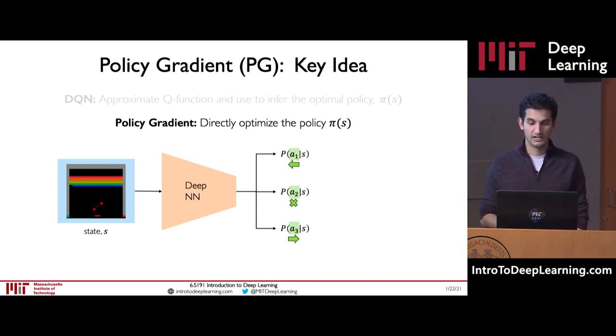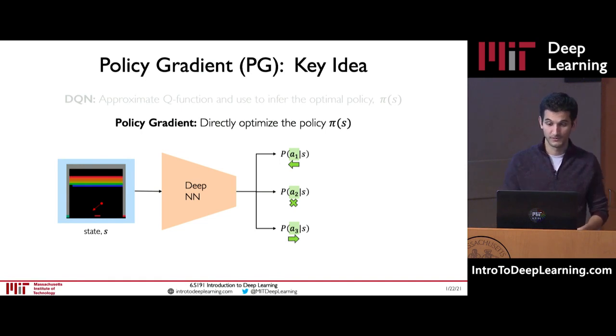So the outputs here give us the desired action in a significantly more direct way, right? The outputs represent now not an expected reward that the agent can achieve in the future, but the probability that this is a good action that it should take in this state, right? So it's a much more direct way of thinking about this problem.